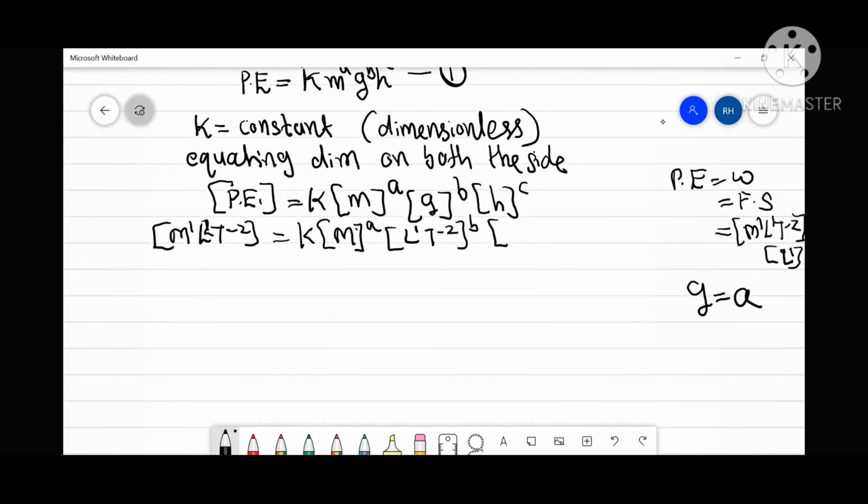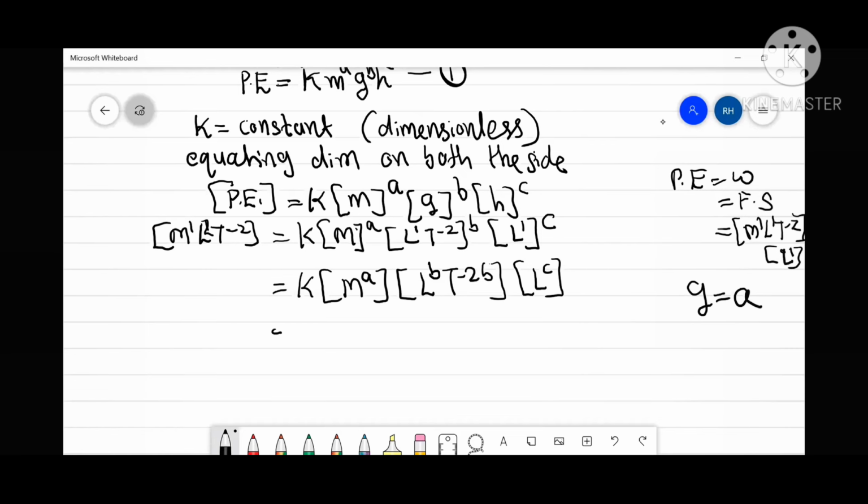Next the height is L raised to 1, raised to c. Next step, we give the powers a, b, c: M raised to a, in the second bracket L raised to b and T raised to minus 2b, and then L raised to c.